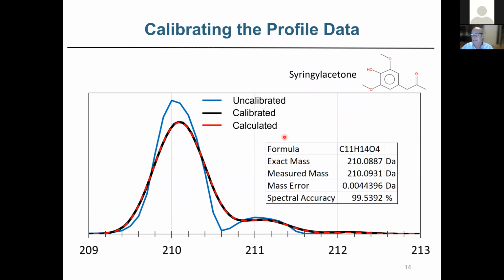So what does that mean? Well, if you look at this plot here, there's 3 overlays. There's the blue overlay here. That's the uncalibrated data. That's real data. That's actually a real plot. And that's what the mass spectrum in profile mode looks like. And what you'll notice is that the peak here is not a pure Gaussian. It's not a mathematical function. It's a somewhat arbitrary function, which is dependent upon the tune of the instrument.